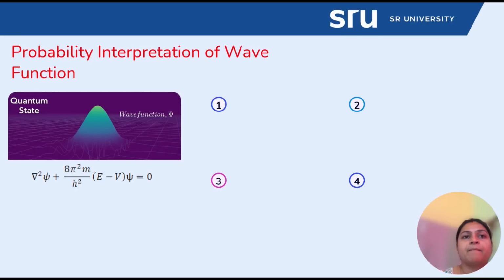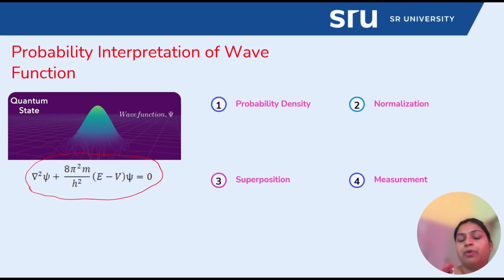So this is the probability interpretation of the wave function of the Schrodinger wave equation. First is defining the probability density, second is normalization, where psi star psi dv is equal to 1, then superposition and measurement.